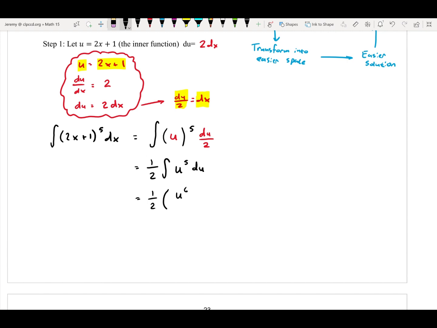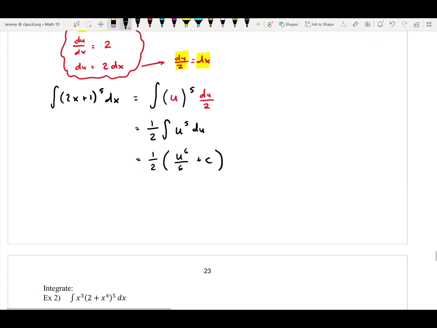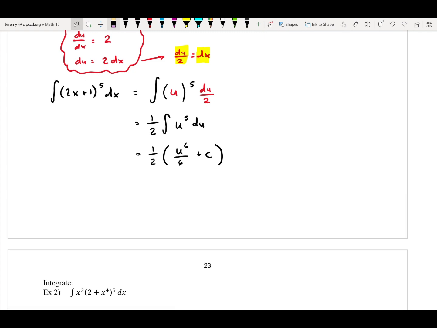It would just be u to the sixth over 6 plus c, since we are looking at an indefinite integral here. Okay, and then I could distribute in that 1/2 if I wanted to. So I could write this as u to the 6th over 12 plus c over 2, but I can just leave it as c because c is just a constant value. If I divide it by 2, it's just going to be another constant value. So here is my answer in terms of u.